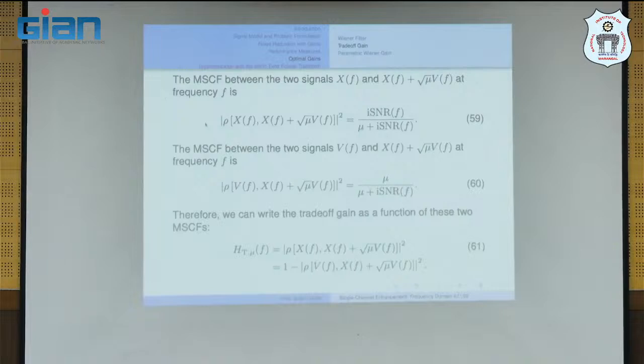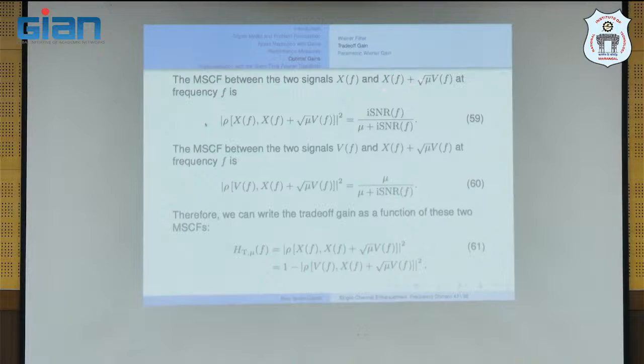We can also talk about the magnitude squared coherence function between x and x plus square root of mu v. So when we talked about the Wiener gain, we talked about what is the coherence function between x and y. Here we define something different.